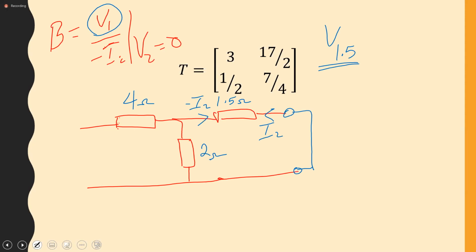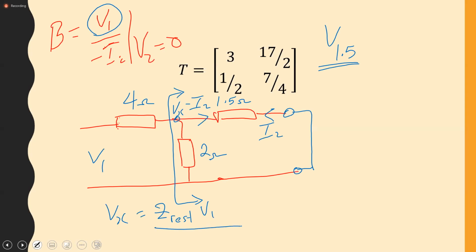All right. I don't want to write all of that detail. All we're going to say is that V1, and I'm going to call this Vx, so Vx is equal to, let's call that Z rest of circuit, times V1 over Z rest plus 4.